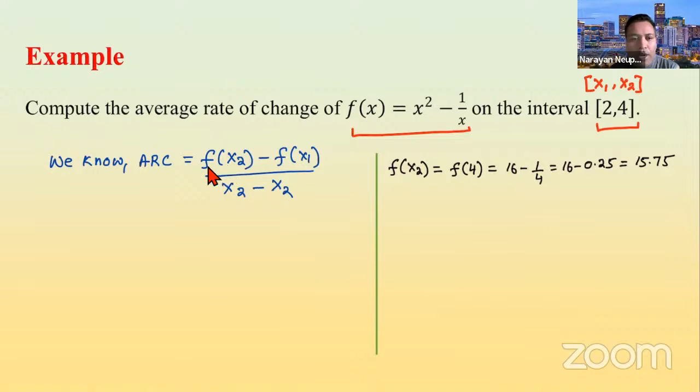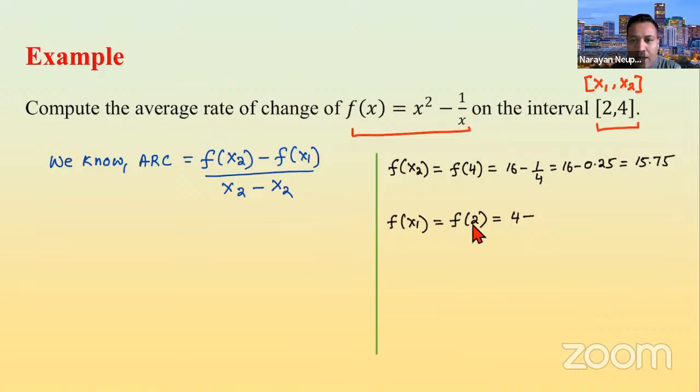Here in the formula, we need f of x2 and also we need f of x1. Let's find out f of x1. Here you can see x1 is 2. So it is f of 2, which is equal to, if you plug in the value, x squared, that is 2 squared or 4, minus 1 over x.